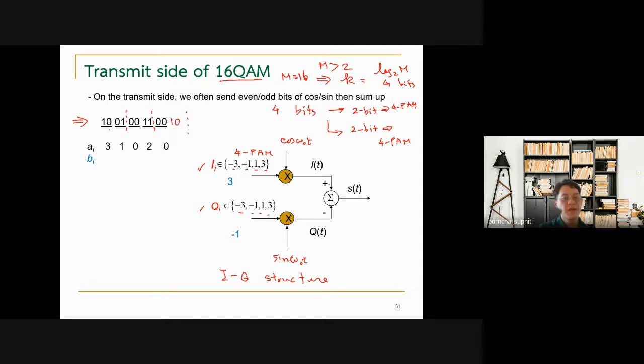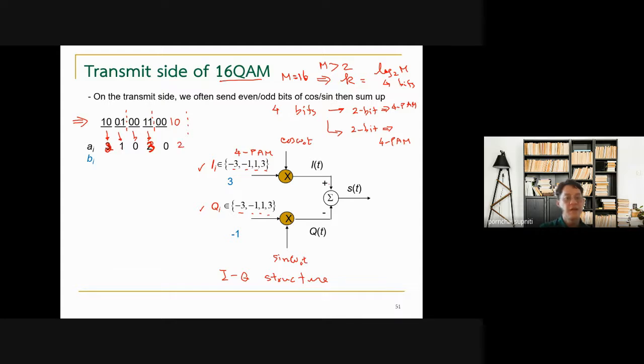Because we divide 4 bits into 2 sets of 2 bits, we write out the symbols: this is 3, 0 and 2.